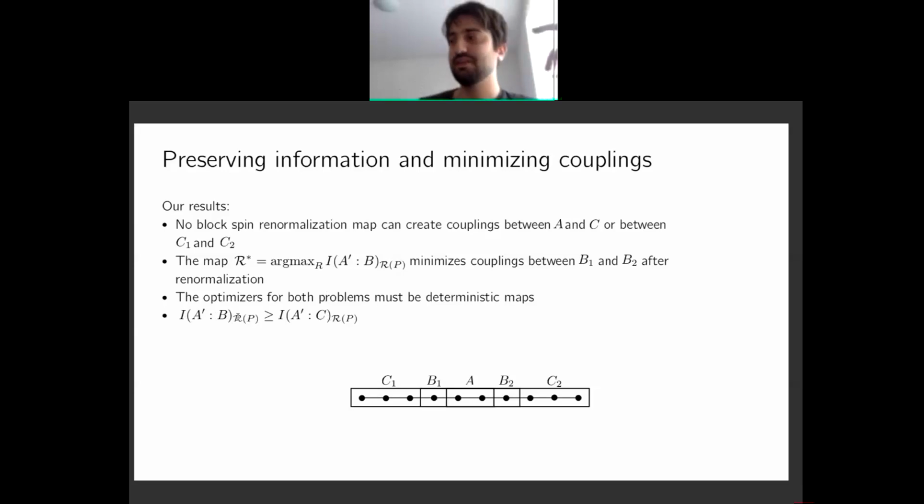And here I want to make something clear. We are not proposing a new algorithm or suggesting that optimizing the preservation of short-range information should give better actual renormalization results for the standard measures of the quality of a renormalization map, because as I said, it goes against the philosophy to keep as much short-range information as you can. But this shows a sort of missing trade-off that you would expect between keeping long-range information and keeping short-range information.